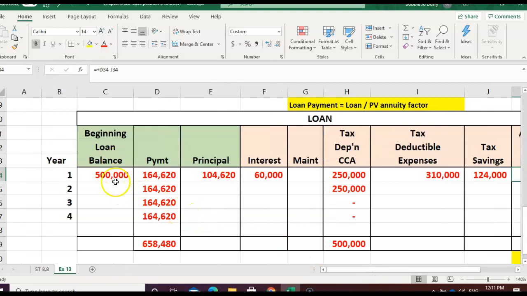So our beginning loan balance is the $500 minus the principal paid that year. Our interest is 12% on that balance. Then we deduct that from our payment to get our principal.